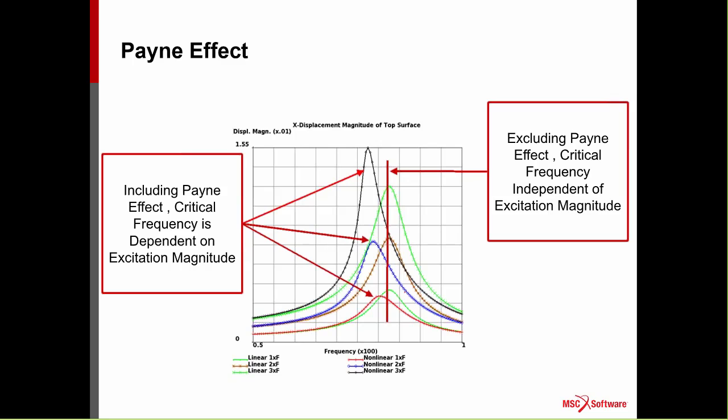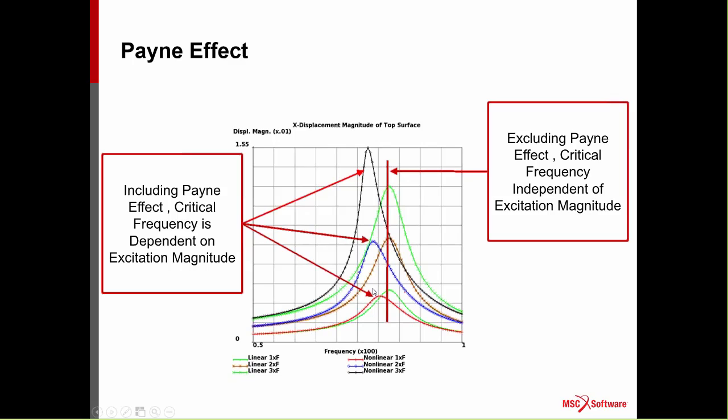And it's an important phenomenon in the sense that there are many materials where, if we excluded the Payne effect, the critical frequency would always remain the same. And if we doubled or tripled the excitation, the resultant value would be linearly dependent upon the excitation.